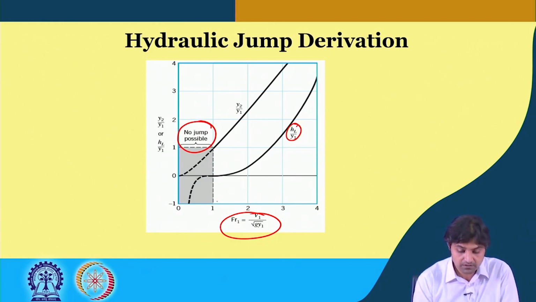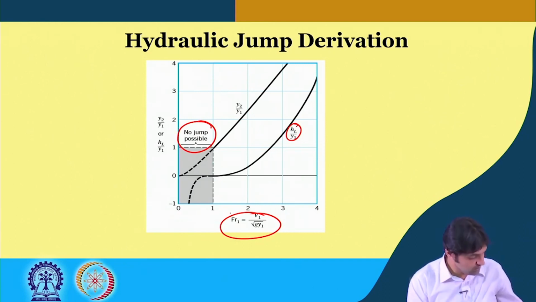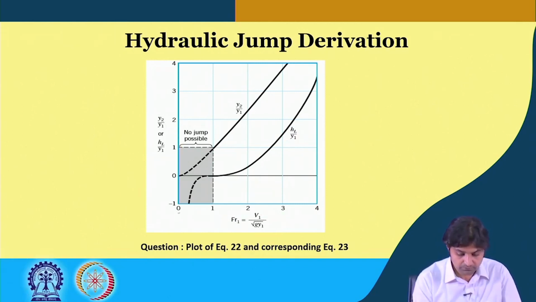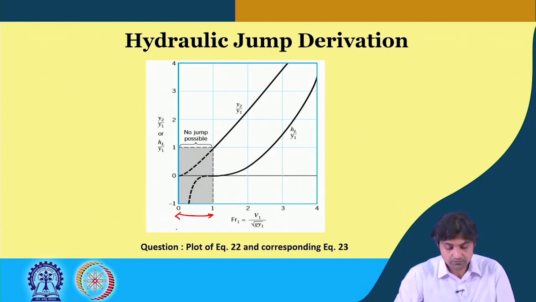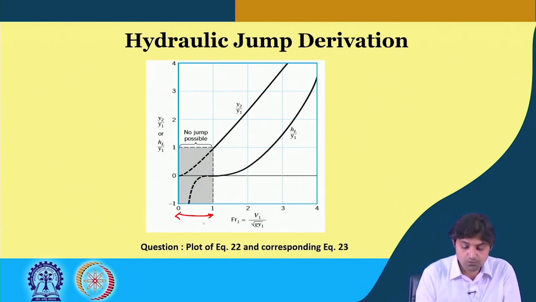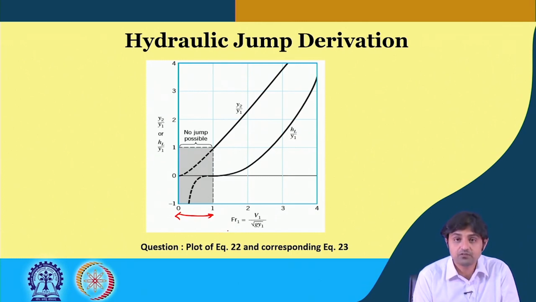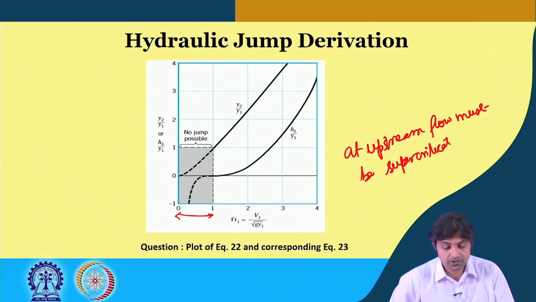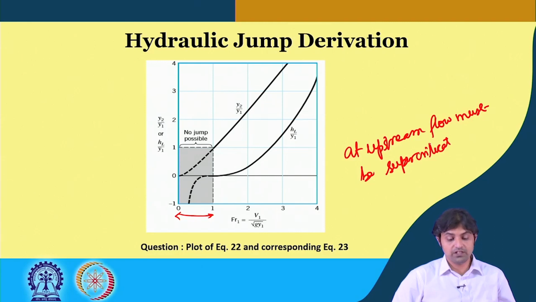And if you note this particular one, there is no possible jump when Froude number is less than 1. So, that means at upstream flow must be supercritical, okay, all right.